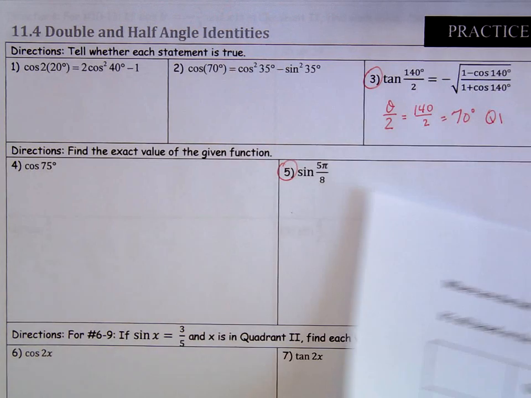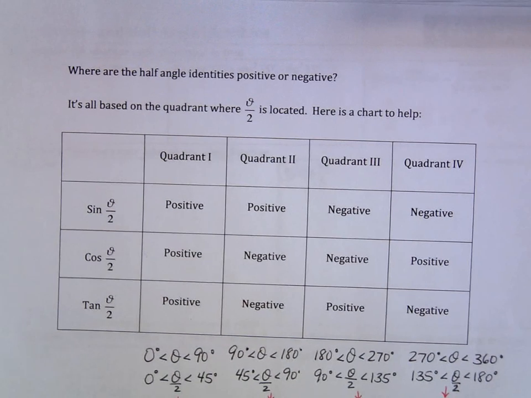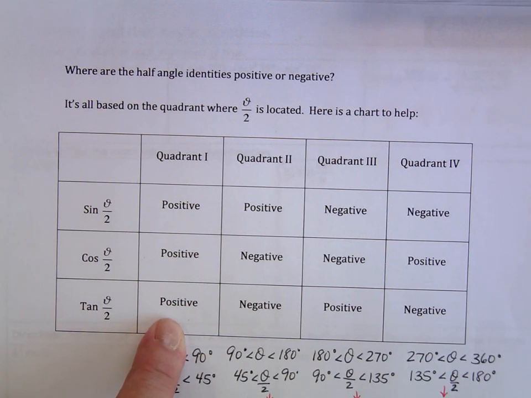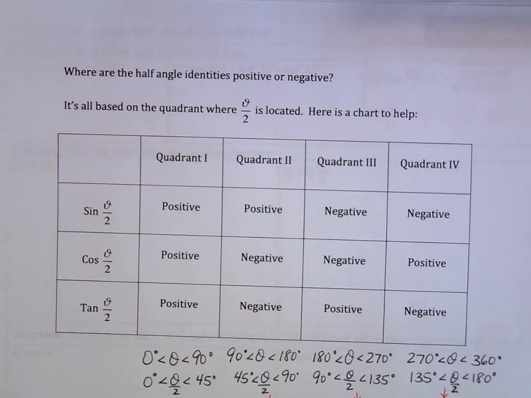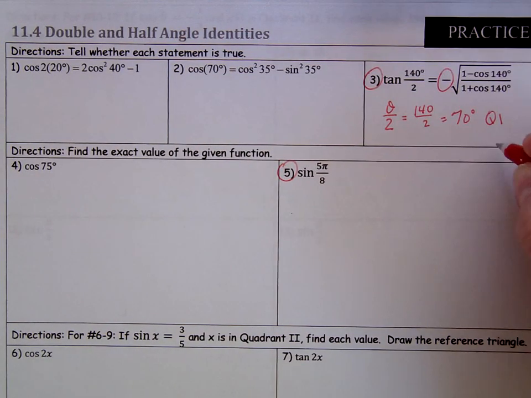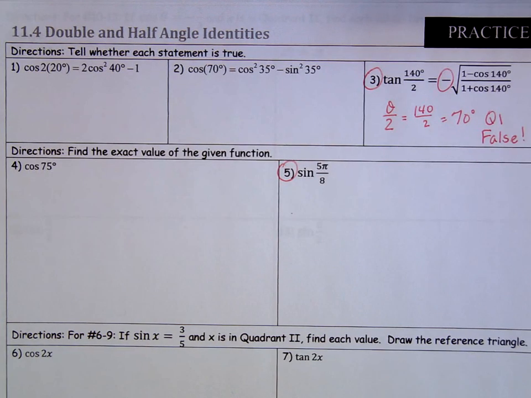So I'm going to go back to the sheet that we talked about, looking at my half angle formulas for tangent. In quadrant 1, your square root should be positive. And what they're showing you is a negative square root, and because of this negative, that makes this whole thing false. So the first few questions are, are they true or are they false? And it's based off of the identity. You just have to expand it out.